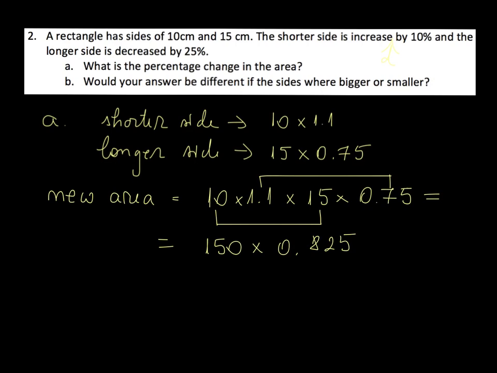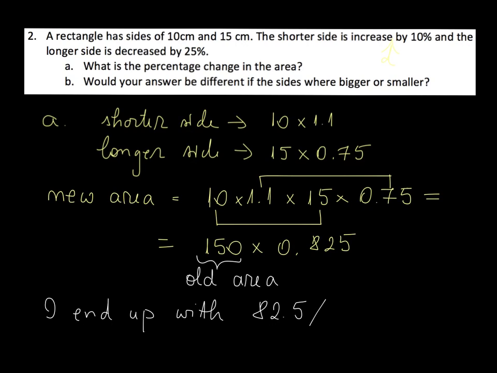I don't need to multiply these two numbers together because this one is the old area. So practically I end up with 82.5% of the old area.